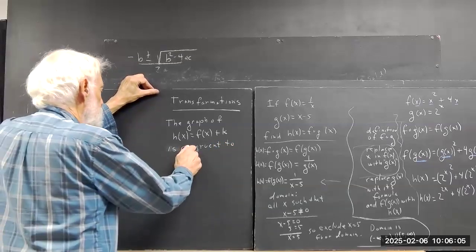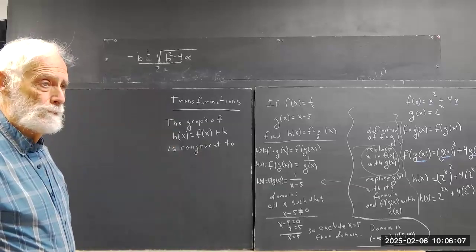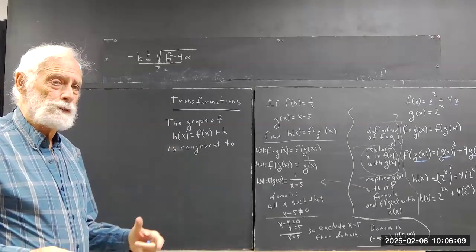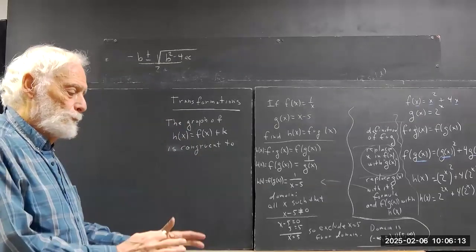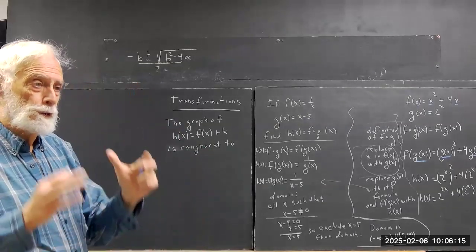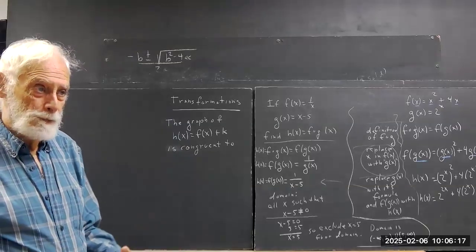Okay, you know what congruent means? It means has exactly the same shape and the same size. It means this one would fit right over that one and you couldn't tell that you had two of them on top of each other.